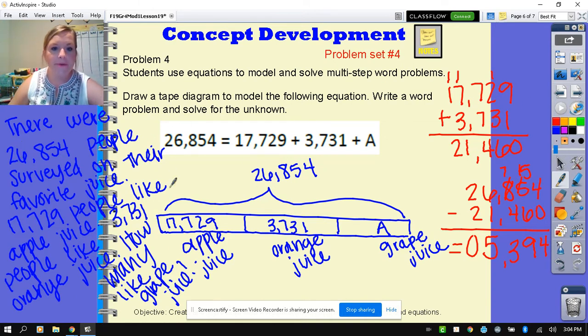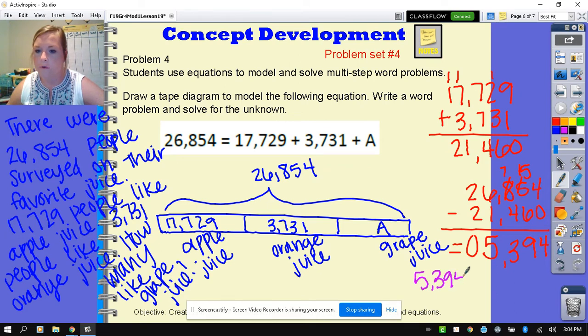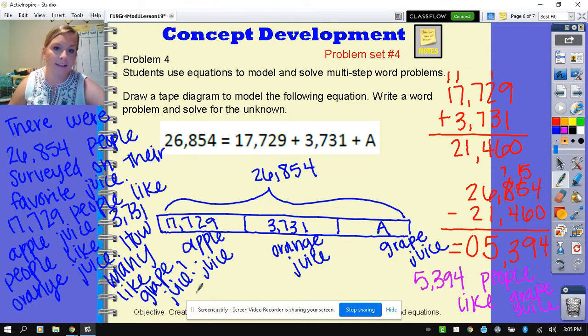I've done everything so far. I've written my word problem. I have my tape diagram. I've solved my problems. Now I need to write it as a statement. So 5,394 people like grape juice. And maybe in my question, I should have added like from the survey, how many people from the survey like grape juice, just to have been more specific, because I don't want people saying, oh, well, 4 people in my class like grape juice.